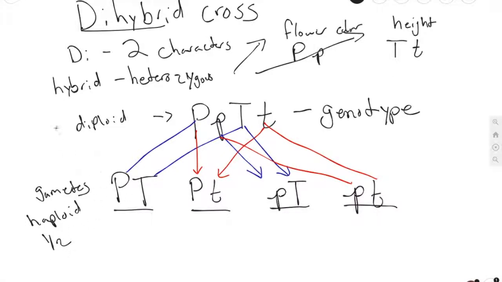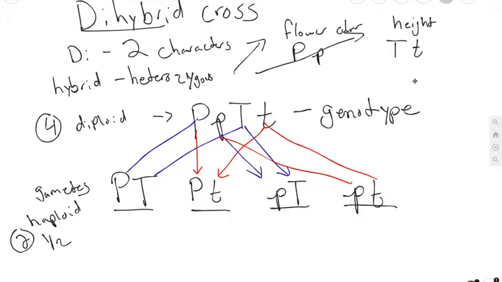In this case, half of 4, right? This one had 4. This one is going to be 2. Well, that's exactly what we have. 1, 2, big P, big T. 1, 2, big P, little t. 1, 2, little p, big T. 1, 2, little p, little t. So a gamete is always going to have half of the number of alleles as up here.